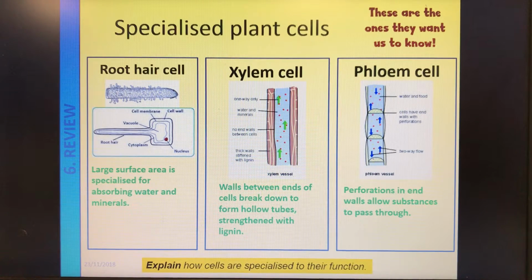Xylem cells, these are long tubes strengthened with lignin. Basically the cells are almost, imagine them stacked on top of each other, and then the end walls disintegrate, so it creates this long tube.